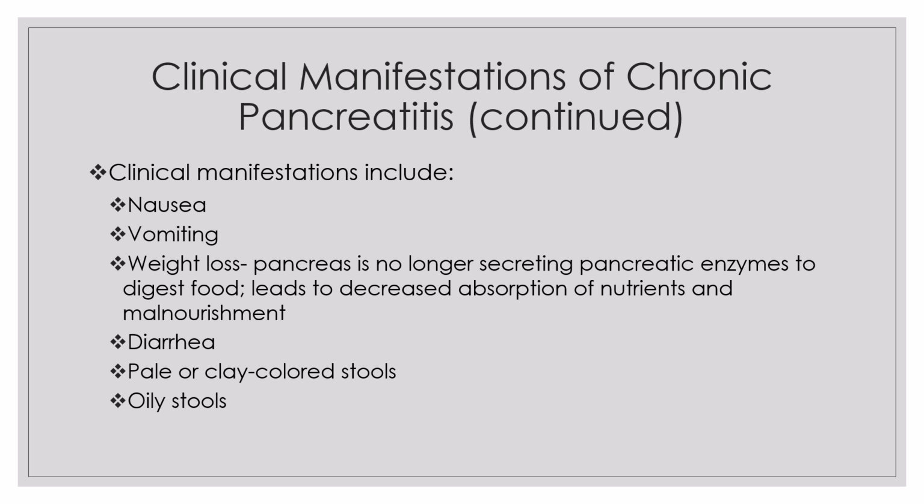Clinical manifestations will also include nausea, vomiting, weight loss. The pancreas is no longer secreting those pancreatic enzymes to digest the foods, leading to decreased absorption of the nutrients, and then the patient is malnourished. It has inadequate nutrition. Diarrhea, the pale or clay-colored stools, or their stools may be oily.